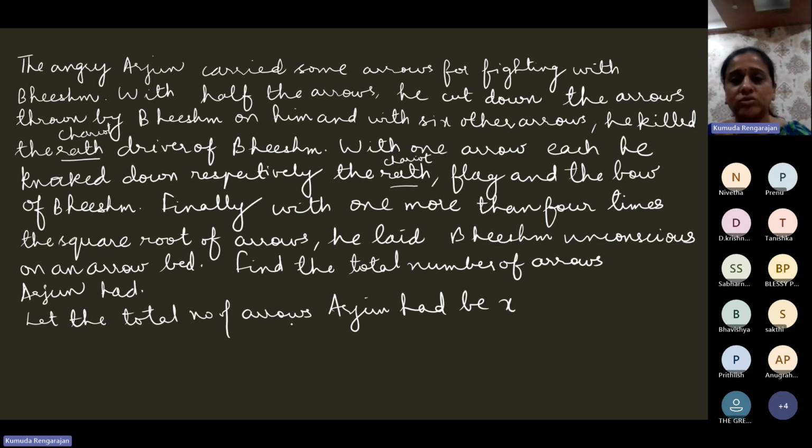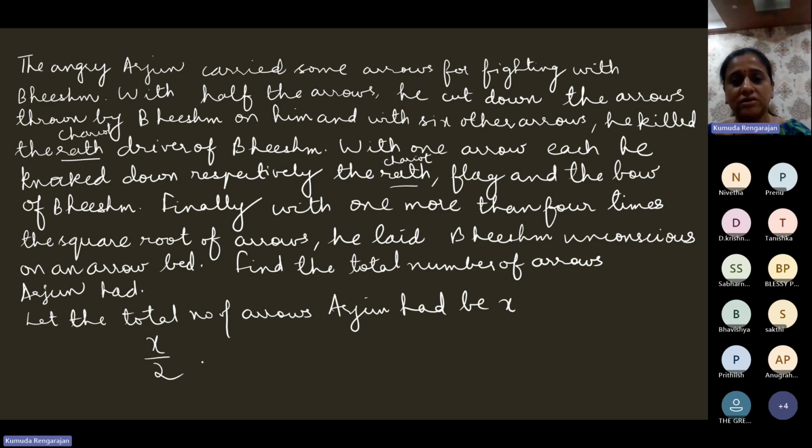With half the arrows, he cut down the arrows thrown by Bhishma. So he uses X by 2 arrows to cut down the arrows thrown by Bhishma.